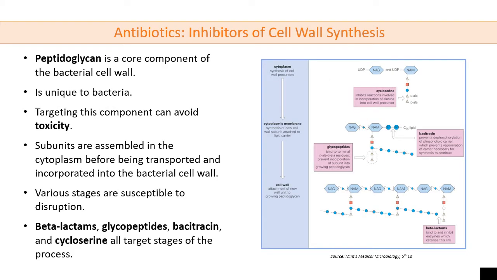Now, there's a central theme running through this idea of intervention, and the theme is that there is a need to avoid toxicity and side effects. So bacteria are prokaryotic, so a bacterial cell is a prokaryotic cell, whereas our cells are eukaryotic.